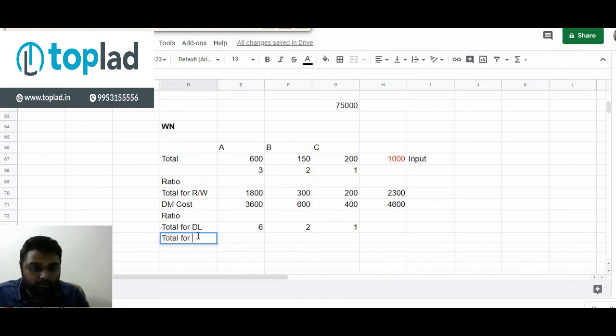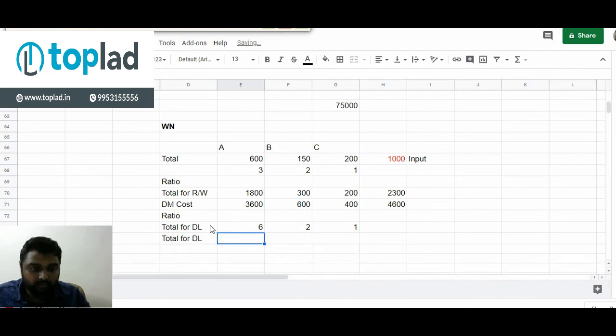So what will be the total ratio? Total for labor, 600 into 6 will come to 3600. We can take the total also.